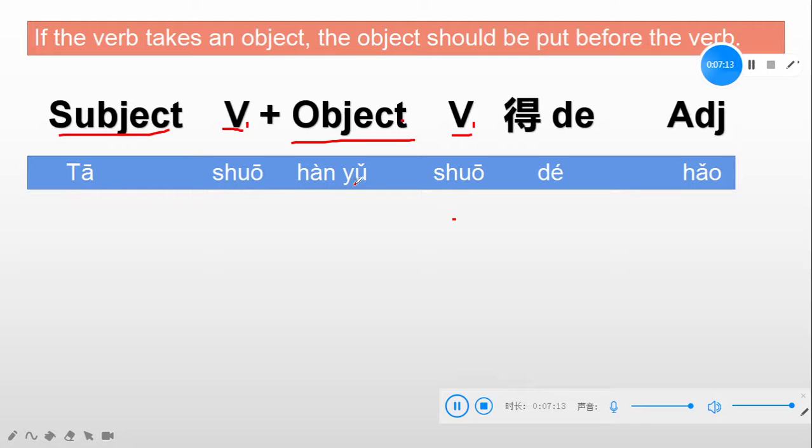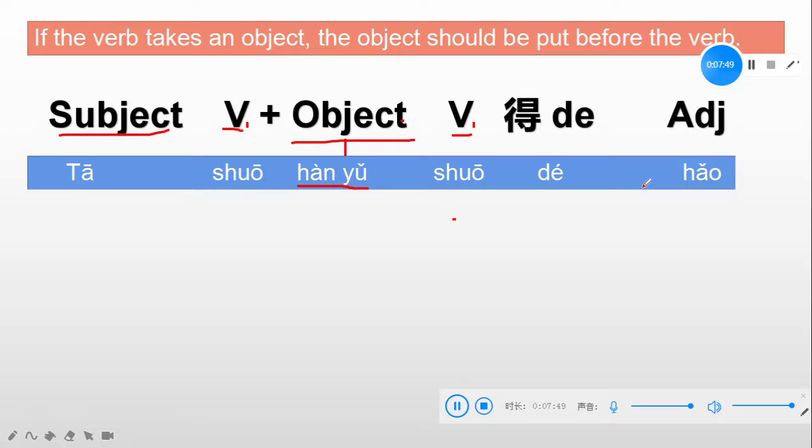他说汉语说得好。Okay, this sentence. 说汉语, speak Chinese language. 汉语 is used here as an object. And here, you see this is verb 1 and this is verb 2, but we can take verb 1 and 2 as the same verb, which is 说, speak. And then 得, and then 好. So he speaks Chinese speaks well.